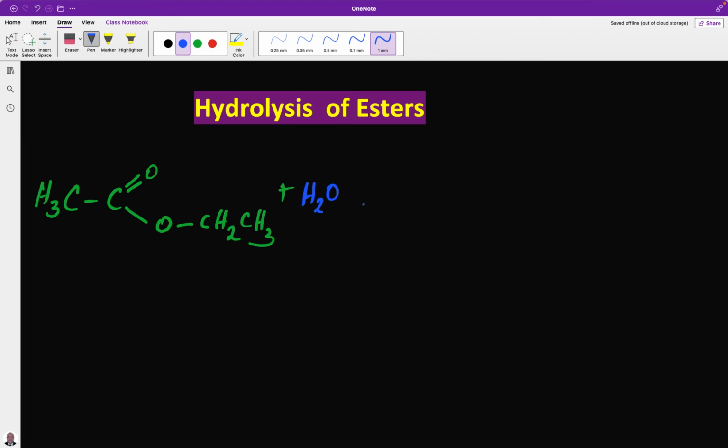In that acid hydrolysis, we are using dilute sulfuric acid.